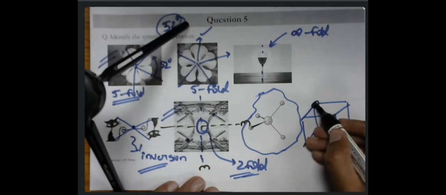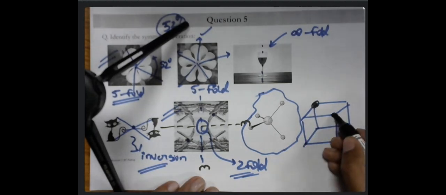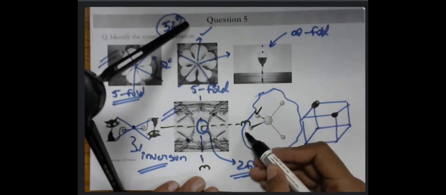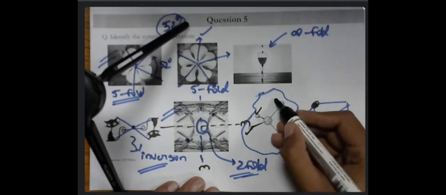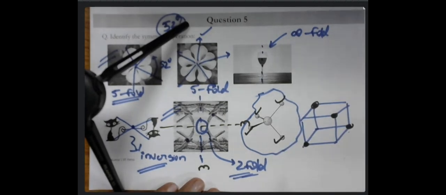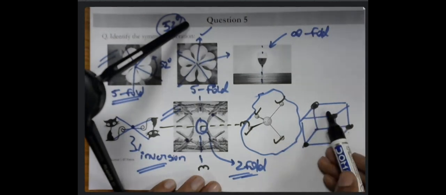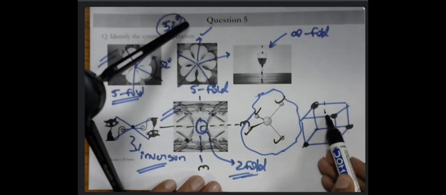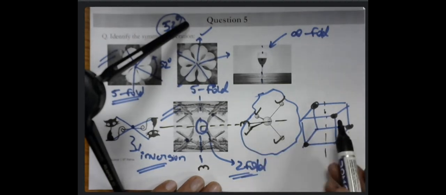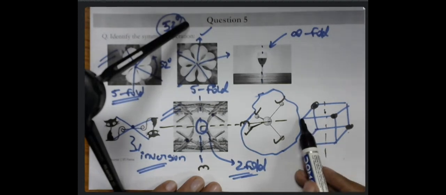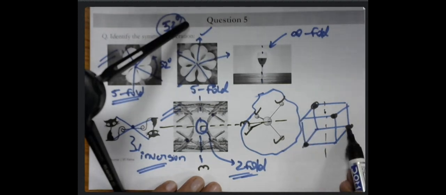Considering this point will be this two. Rotate by 90 degrees about this particular axis, you get to this. Invert it, you will get this.